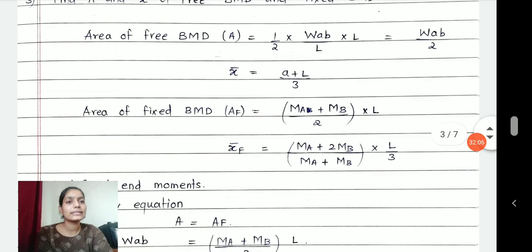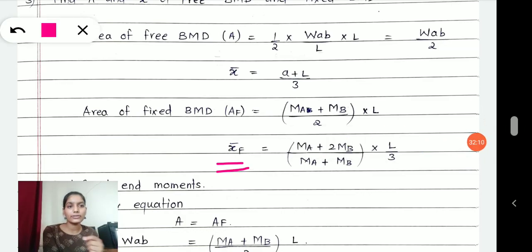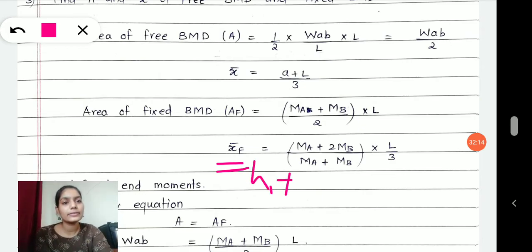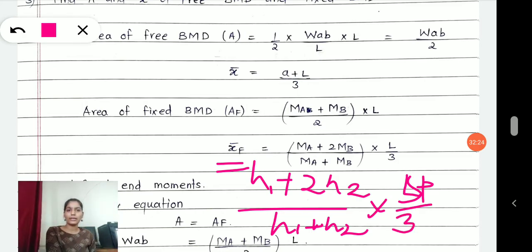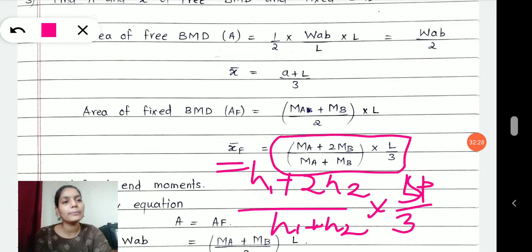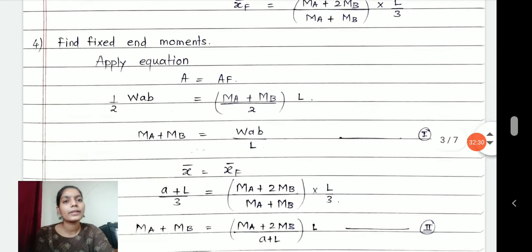Now x̄, which is the horizontal centroidal distance. What is that? (H1 plus twice of H2) divided by (H1 plus H2) into L by 3, or span by 3. That was the formula for a trapezoid, which I am reflecting over here with the moments.